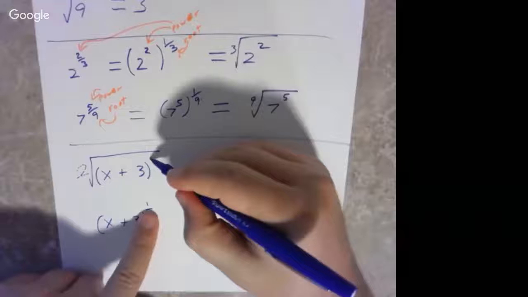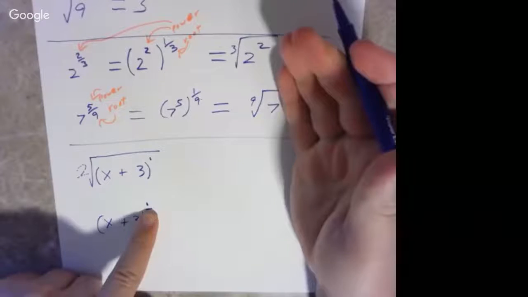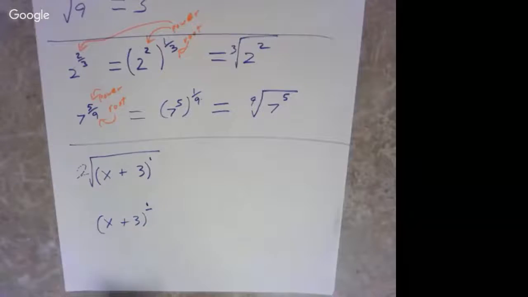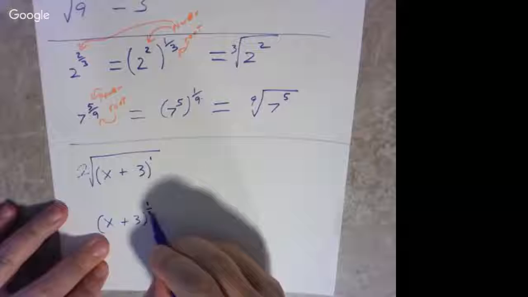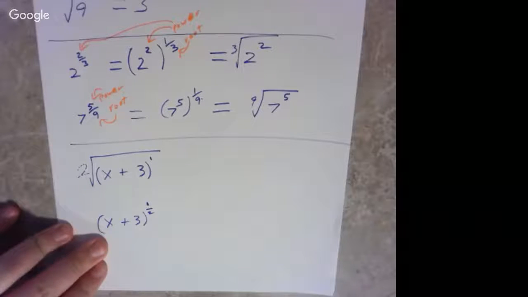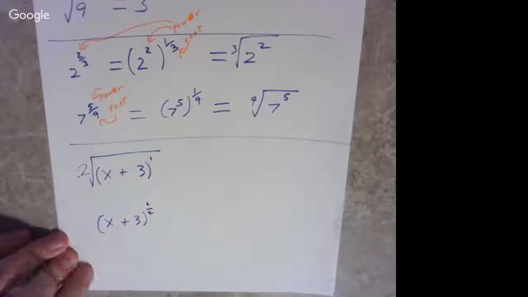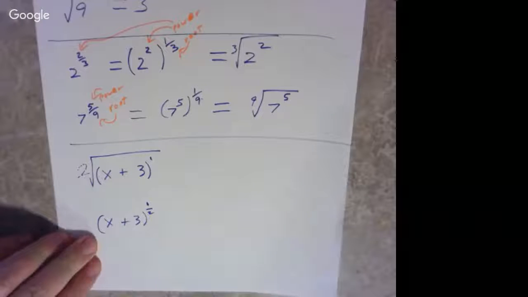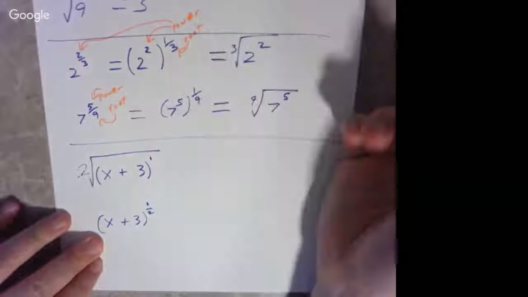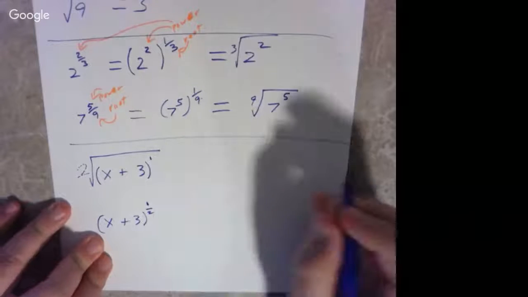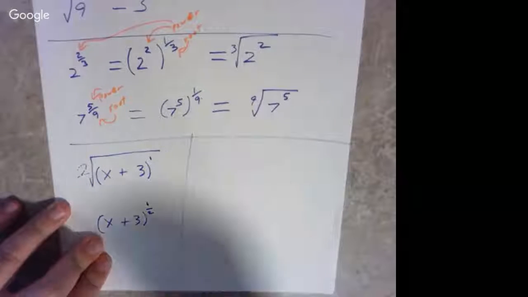And that 1 would correspond to the power here. Some of the simpler examples are actually, I think, the more difficult to understand. So that's going to be to the 1/2 power. That's how we would write this example. So we have the radical form up here and the exponential form down here. How about this one?